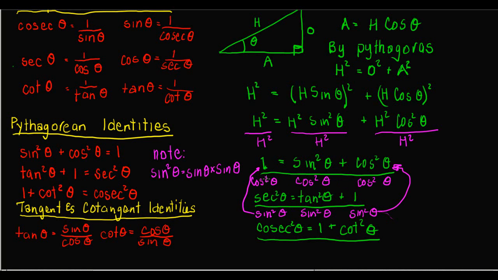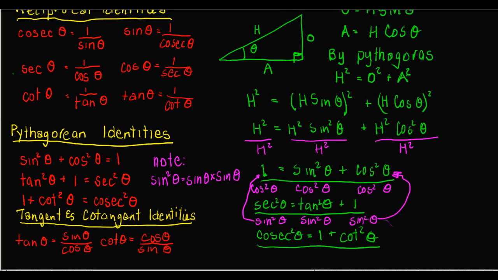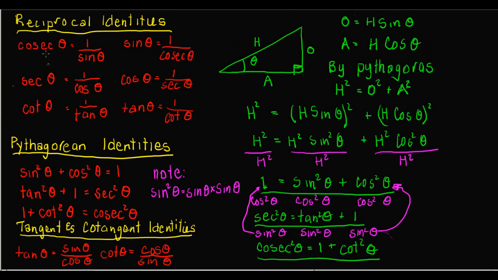So 1 over cosine squared theta will be sec squared theta, just using our identities from further up here. Sine squared theta over cosine squared theta will be tan squared theta, and cosine squared theta over cosine squared theta will be 1. So there we are, we've derived our second identity.